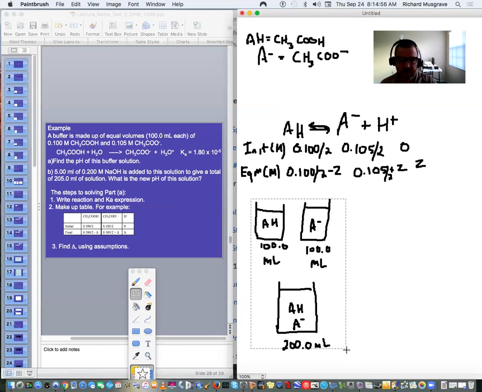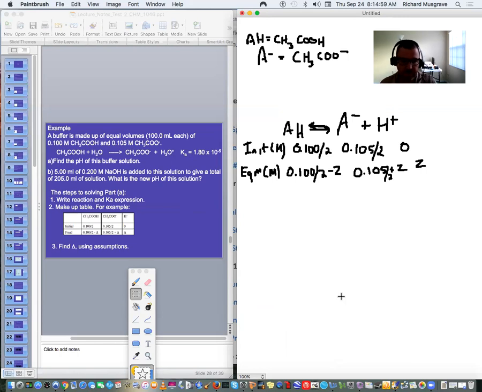Now I've used delta in the example here for Z. You can use Z, you can use delta, you can use whatever you like. We've been using Z, so I'll just go ahead and use Z, but just understand that I have used delta here as my variable for the Z. Now let me make sure you understand what's going on here with the minus Z, and the plus Z and the Z. Initially we don't have any H plus in the solution, but some of the AH will break apart into A minus and H plus.